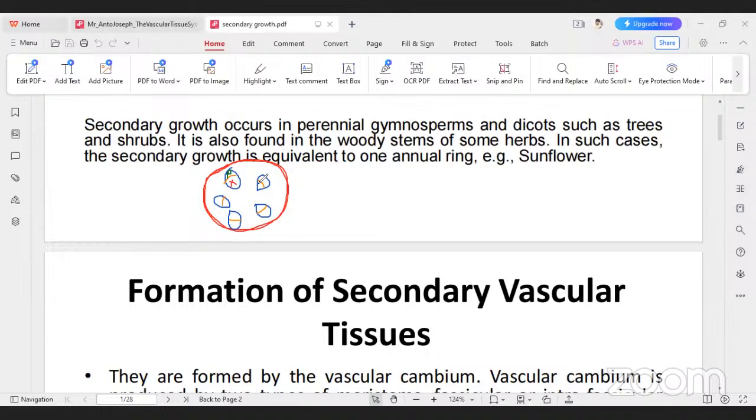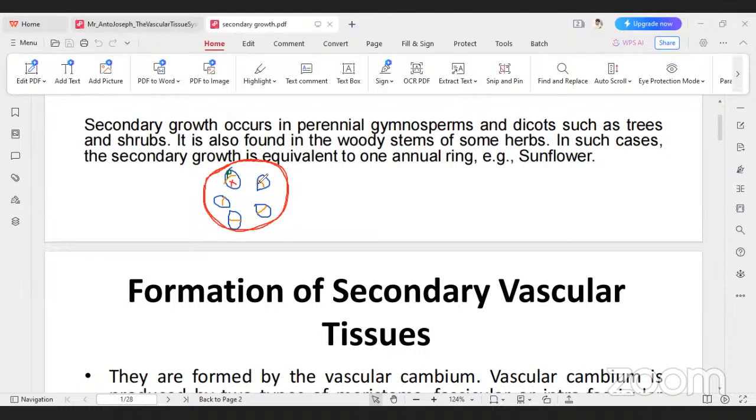Now this cambium, that means the cambium inside the vascular bundle, is called intrafascicular or vascular cambium.